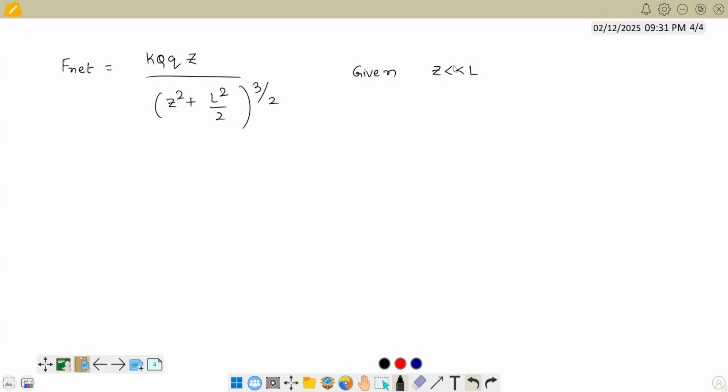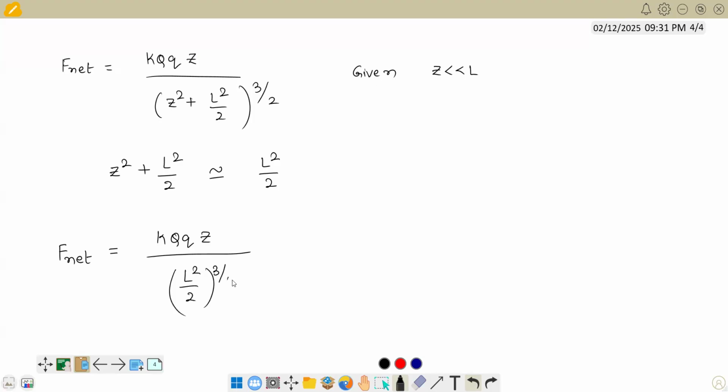Now, what will happen if z is lesser than L? We can rewrite this entire expression. We can write z square plus L square by 2 is approximately equal to L square by 2 only, isn't it? So then we can write F net is equal to kQq z divided by L square by 2 whole power 3 by 2.